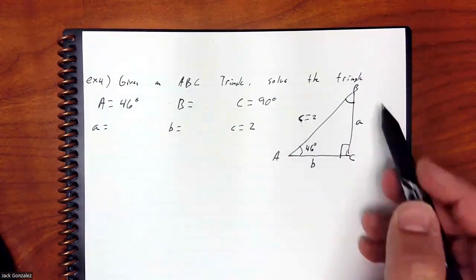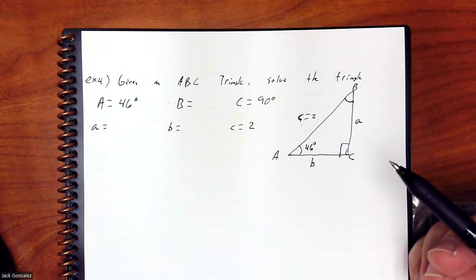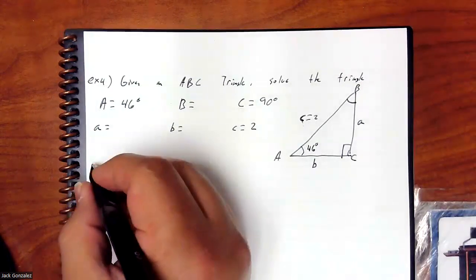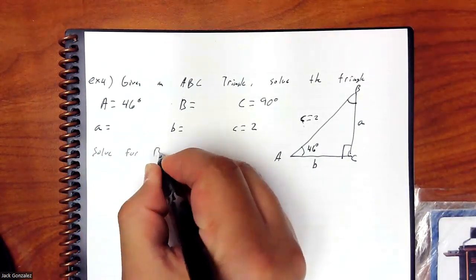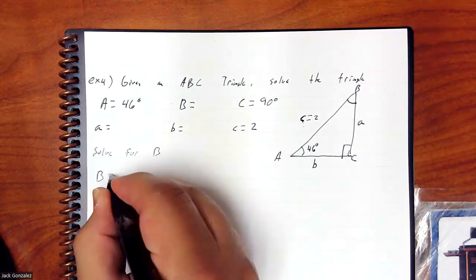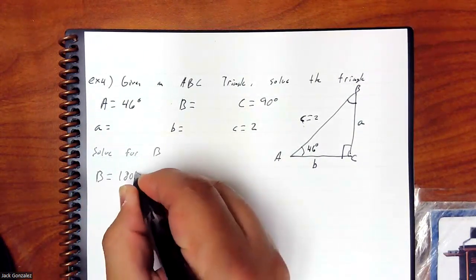We know that the total adds up to 180 degrees, correct? So that means that B would be equal to 180 minus all the other angles.